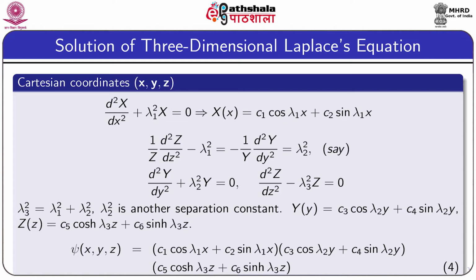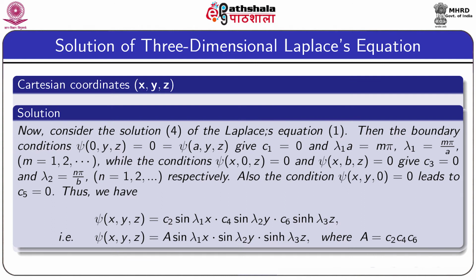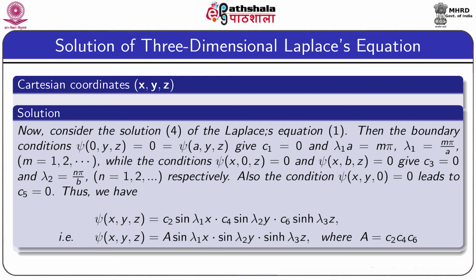So, the only option to satisfy the boundary condition is sine lambda 2 b equals 0. It implies that lambda 2 b must be equal to n pi, where n is an integer, or in other words, lambda 2 can take the values n pi by b, where n is an integer. Now, we have two more boundary conditions.